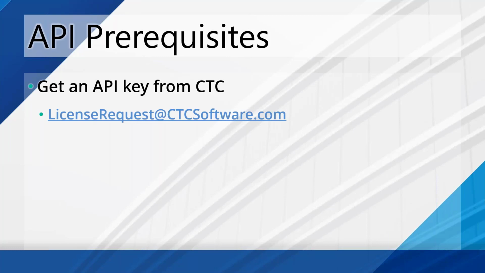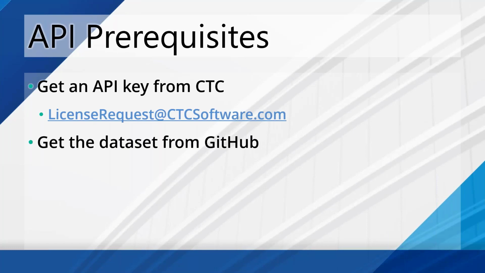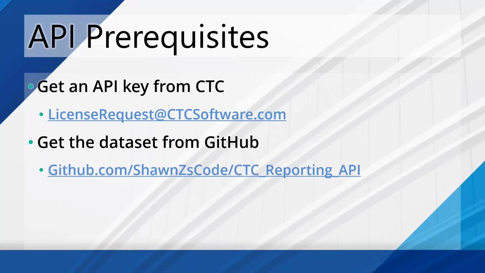The other thing that you're going to want to do, so you can follow along very quickly, since there's a lot of code at play already, is get the base Python data set from GitHub. And you can get that by going to github.com/sean_reporting_API.